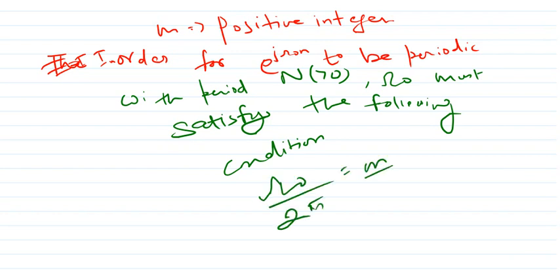Ohm naught divided by 2 pi equals m by N, where m is a positive integer.